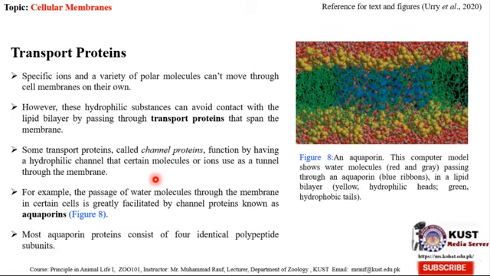So here you have the aquaporins, which are the channels for the transport of water molecules across the plasma membrane, and this is a computer generated model, and it shows water molecules, which are red and gray, passing through an aquaporin, which is a blue ribbon in a lipid bilayer.